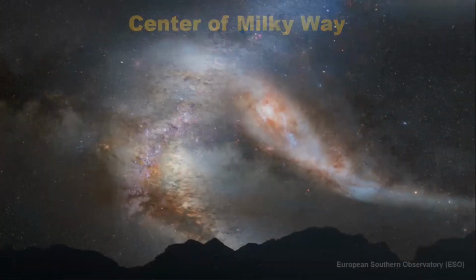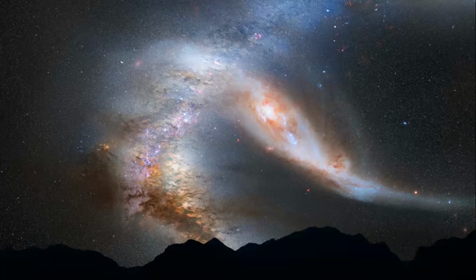And then billions of years from now, this is kind of a view that we will have of our nighttime sky. The Milky Way and the Andromeda Galaxy are on a collision course. And then, in the future, this will be our view. It seems to be transparent, but the sky will never look the same again.